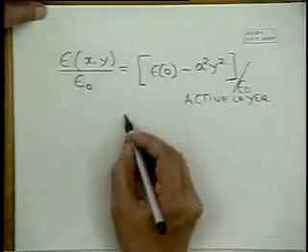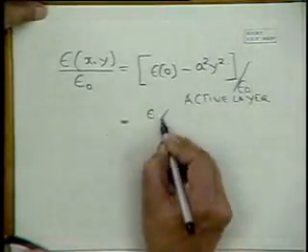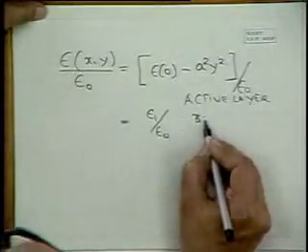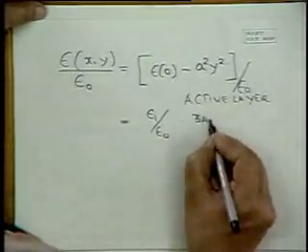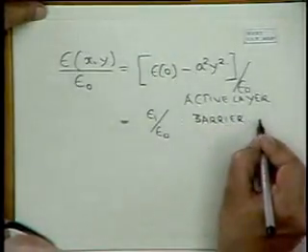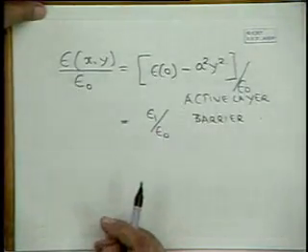And this is equal to, in the boundary layer and the barrier layer, there are no carriers, and then we say that it is just the dielectric constant of the barrier. Okay.